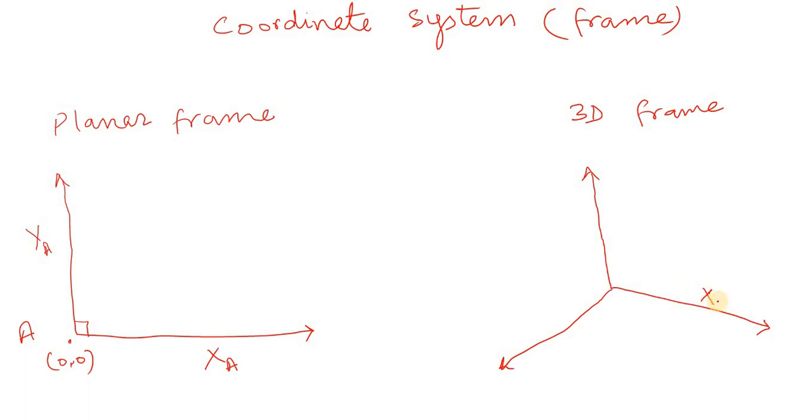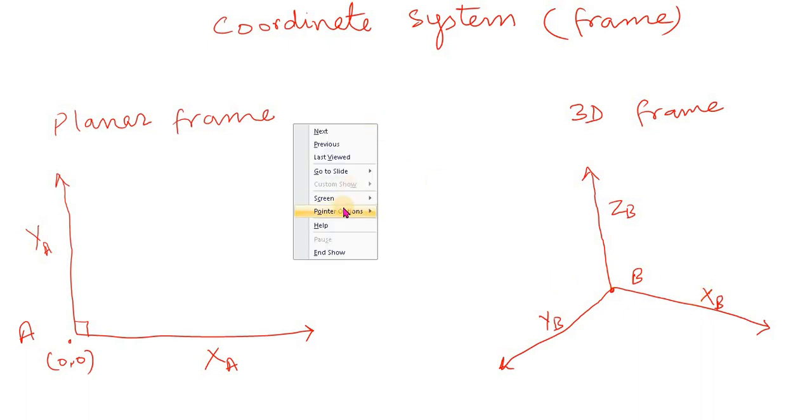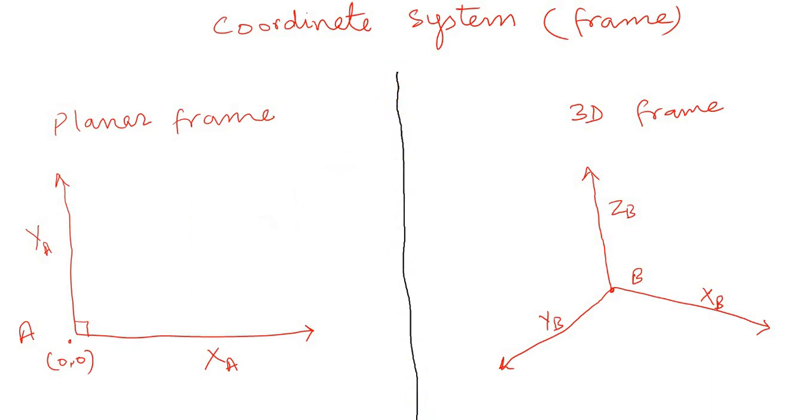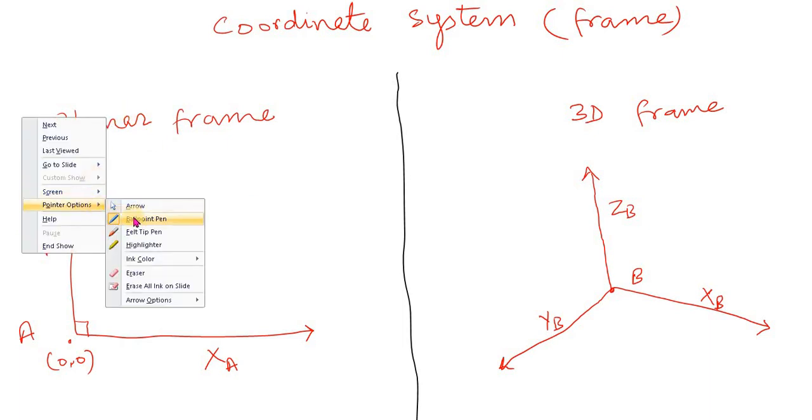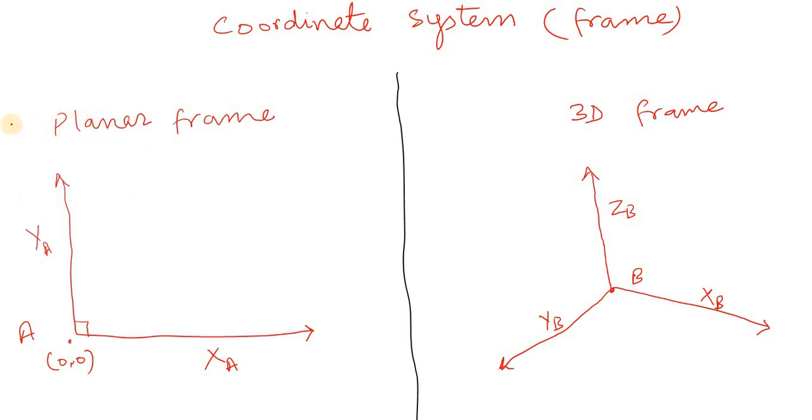Let's call this frame B. Here we have the origin, and this is x of B, this is y of B, and then we have Z. So this is a 3D frame, and here we have a two-dimensional frame, which you can also call 2D.